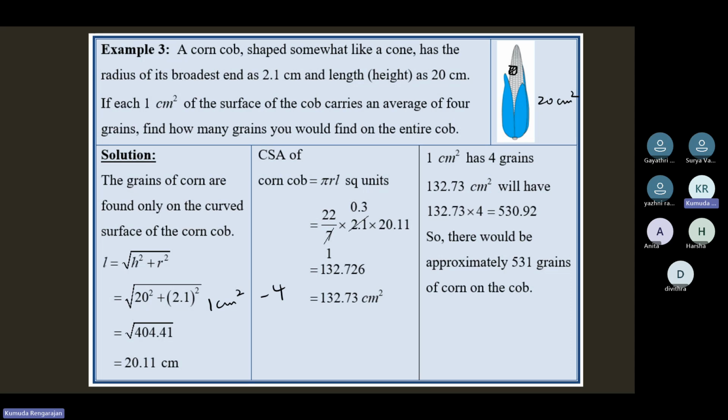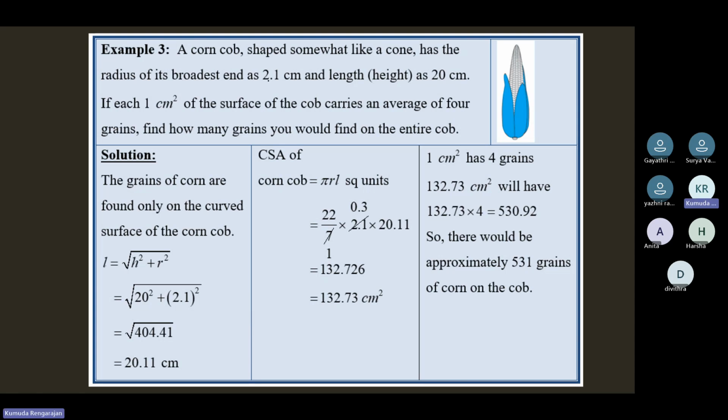So supposing the curved surface area is 20 centimeter square, it will carry 20 into 4, 80 grains. And why curved surface area? Because the grains are arranged on the curved surface area of the corn cob. And it's somewhat conical. So to find the curved surface area, you need to use the formula pi RL.